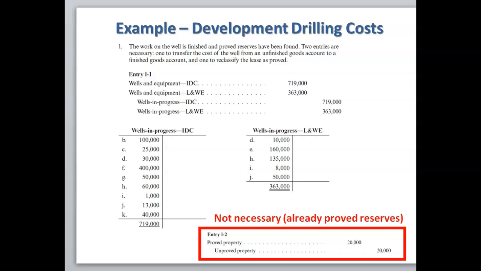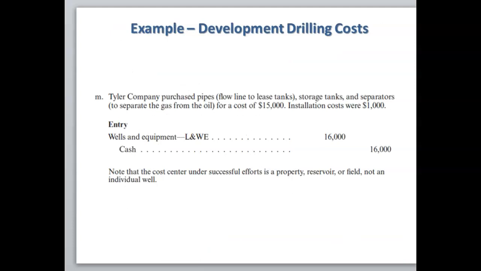So you can see this entry is similar to the entry in L for an exploratory well. However, we would not have to make the reclassification to proved property because it would already have been recorded as proved property. So I've noted the change in red.